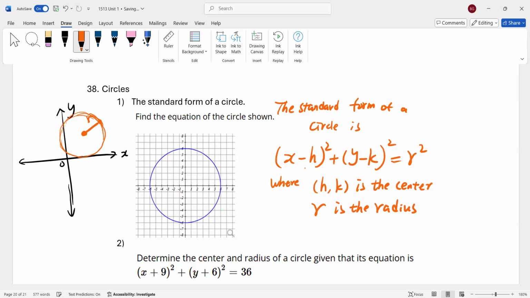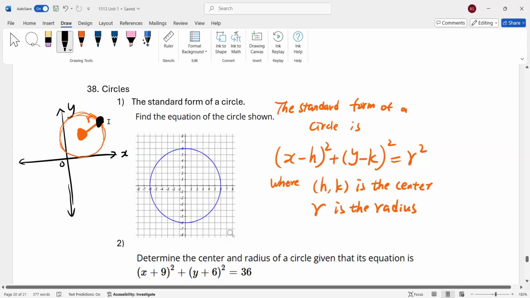Radius is the distance between any point on the circle and the center of the circle. This is the center of the circle, the bigger red point, and this black point could be any point on the circle. The distance between any point on the circle and the center is the radius. And the center has coordinates (h, k).